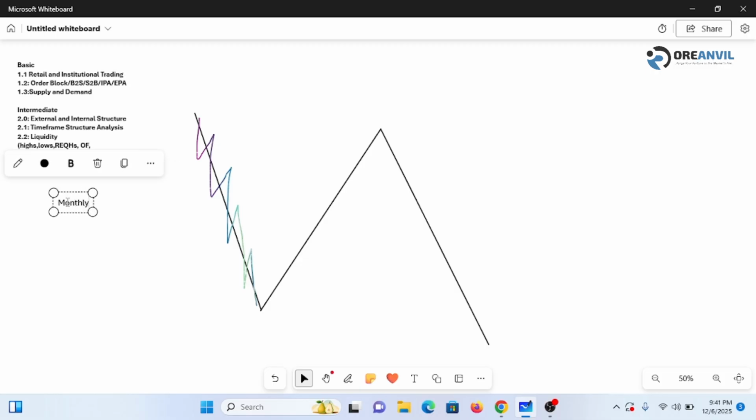What is internal to monthly is weekly. Weekly is the internal structure to monthly. Monthly is external. Then what is internal to weekly is daily.